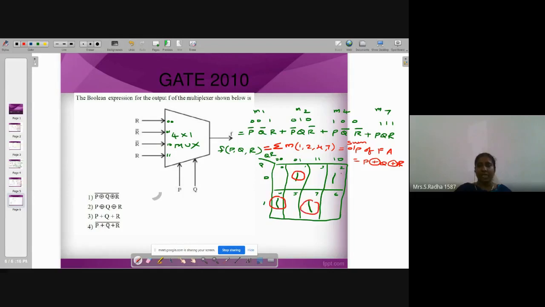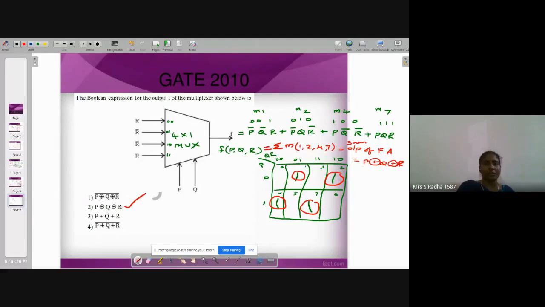For a full adder or a full subtractor, the sum or difference is given by min terms 1, 2, 4, 7. So P XOR Q XOR R, option B is the correct answer.